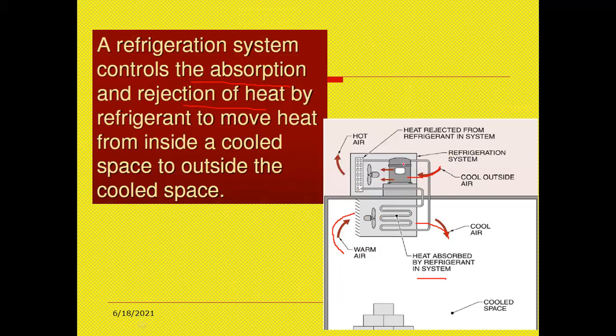Whatever refrigerant we are using, freon 11, 12, 21, 22, whatever it is, the heat is rejected at the outside point and absorbed at the inside point. So we get cool air inside, and the warm air goes away outside the unit as hot air.